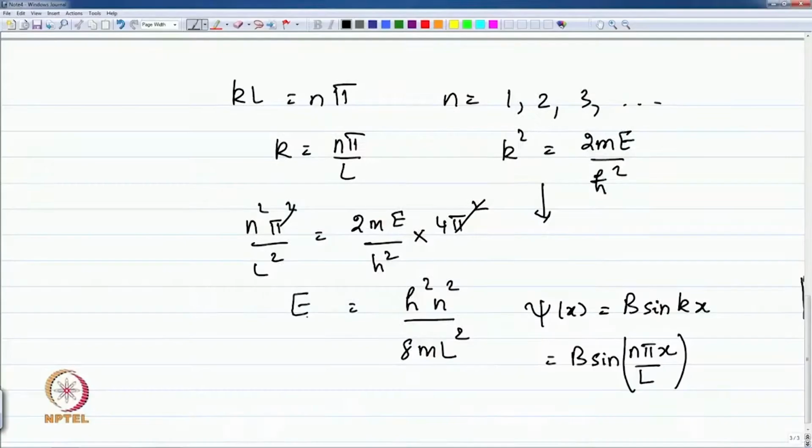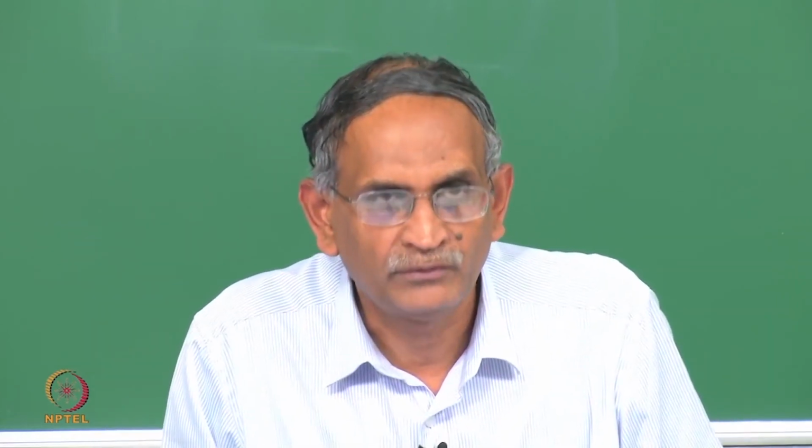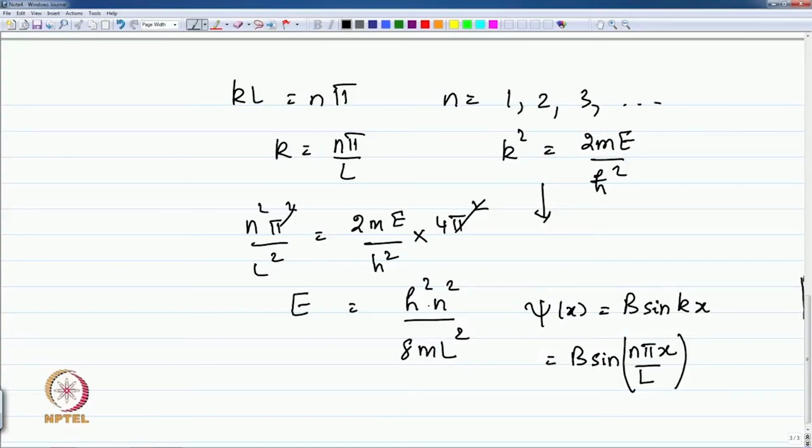One is that the energy for the particle in the box, which is subject to the boundary condition that the wave function vanishes at the boundaries, appears to be quantized, is not arbitrary.